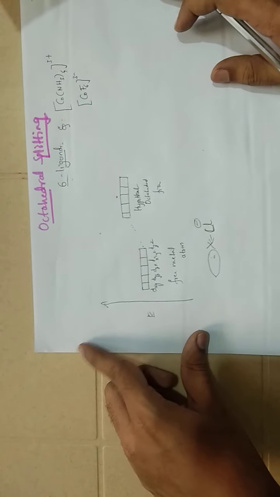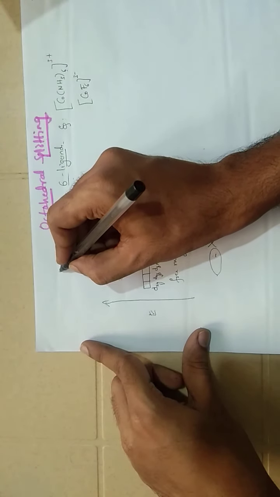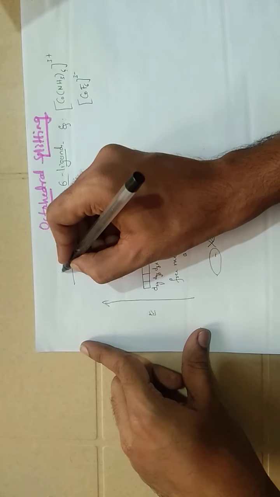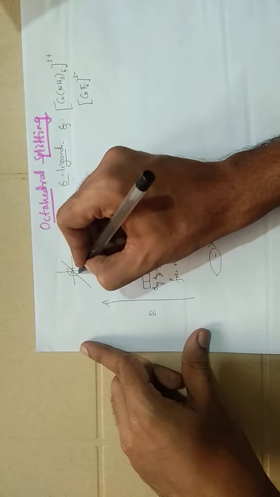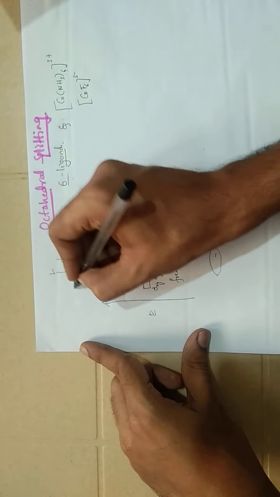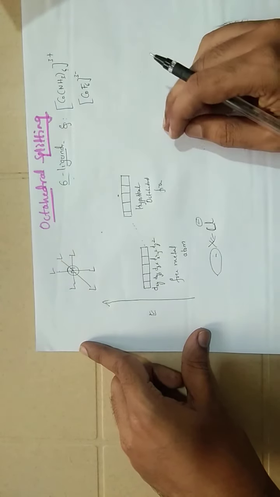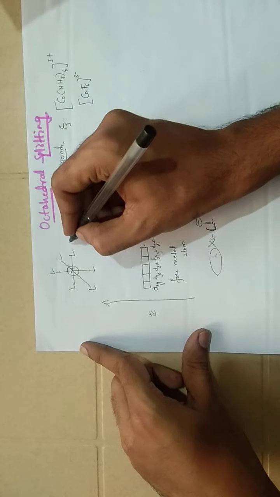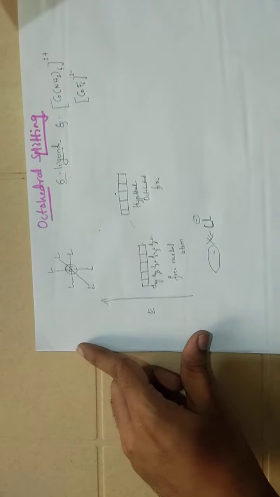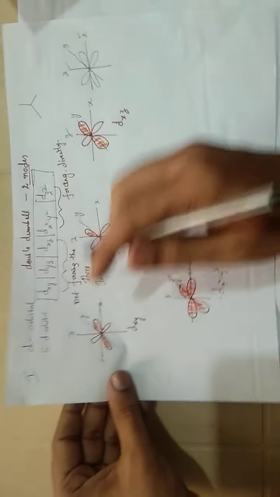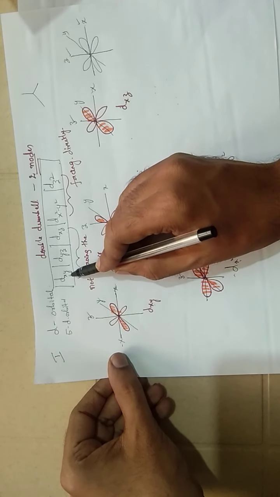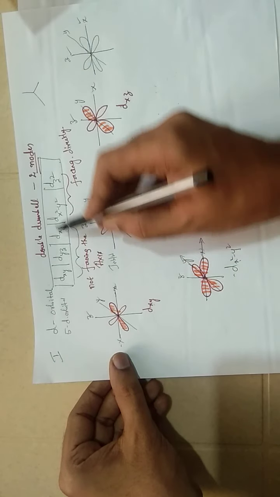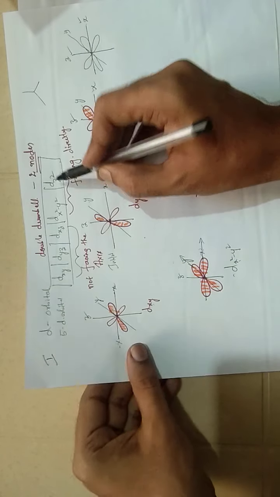One thing you should remember: this is your octahedral complex, the metal atom is here, and the ligands are at 90 degrees. We have already studied the orbital concept. The orbitals xy, yz, zx are in between the axes, whereas x square minus y square and z square are along the axis.